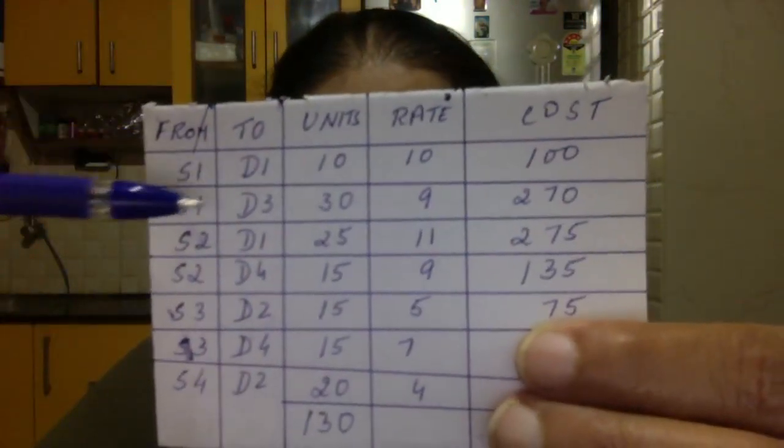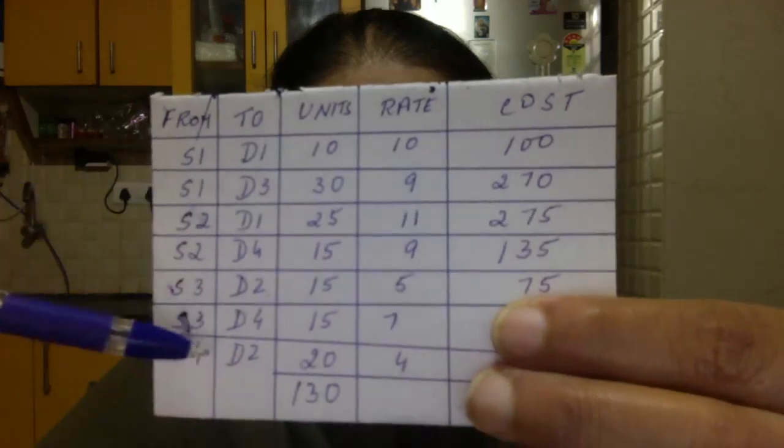Next is S2 D4. Next is S3 D2. Next is S3 D4. And the last one is S4 D2. See, all these cells, from S1 D1, S1 D3 till S4 D2, I have written here.